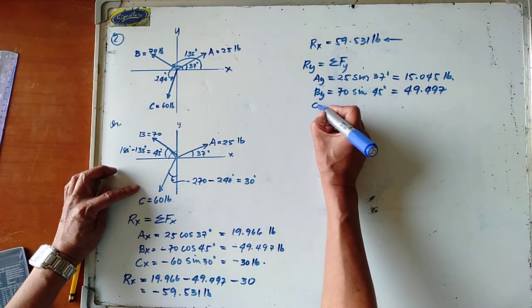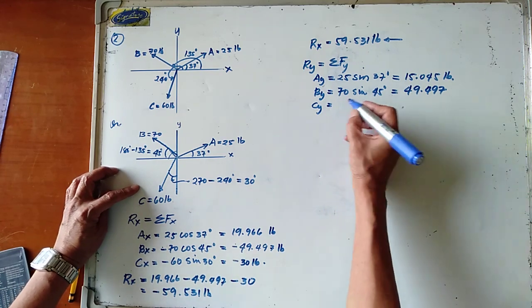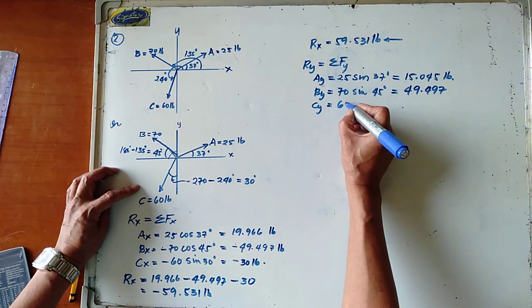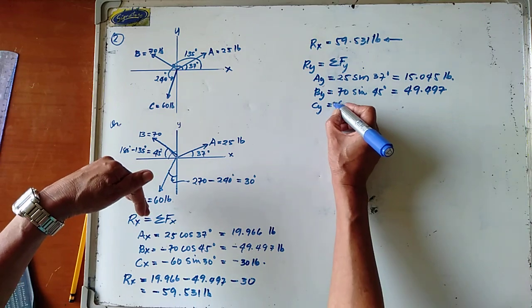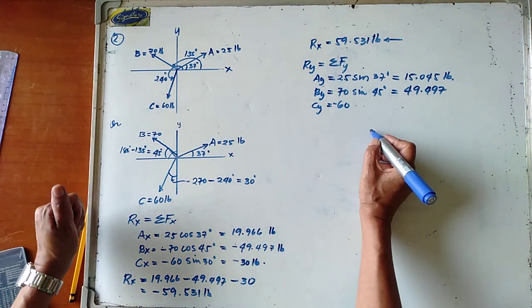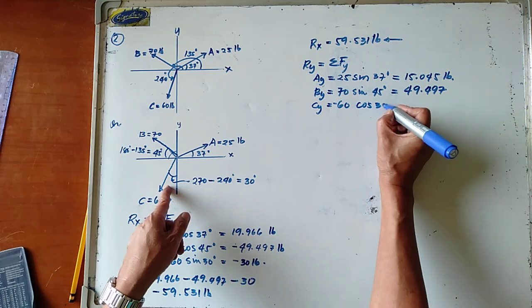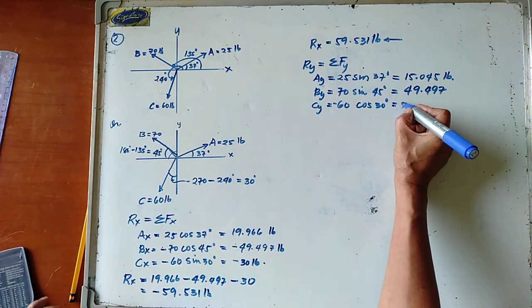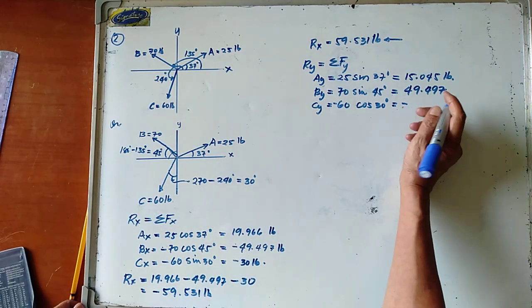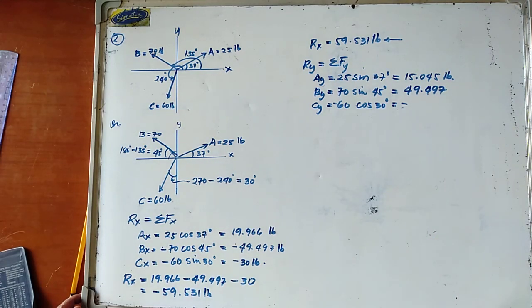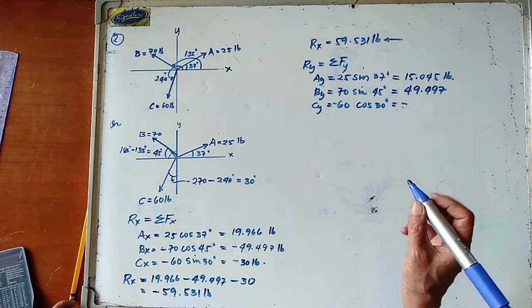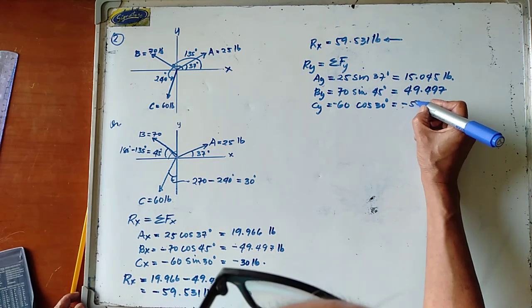Cy is negative, since that is going down, 60 cosine of 30 degrees, which is negative 51.962.